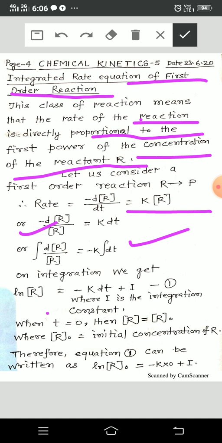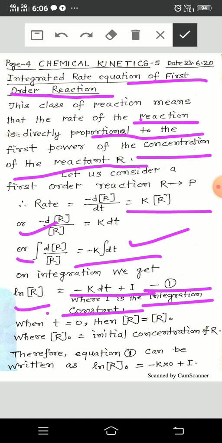In mathematics it is taught that if you integrate such an equation, you will get ln R, that is the natural logarithm, equal to minus kt plus I, where I is the integration constant.